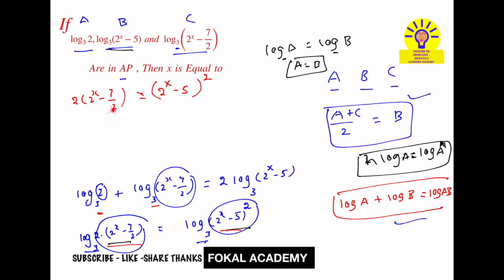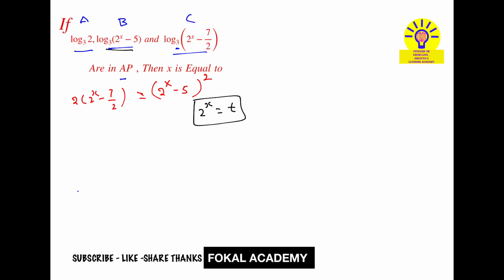Now how can we simplify this for getting the x value? If you expand the equation in terms of 2^x, it looks complex. So I am going to substitute 2^x with a variable t.